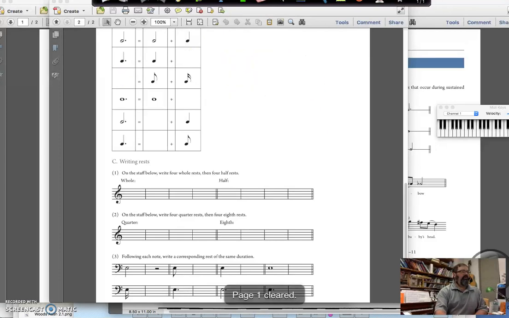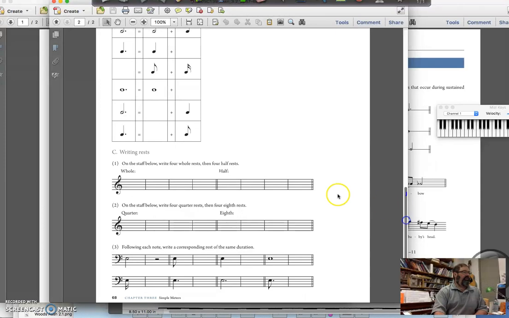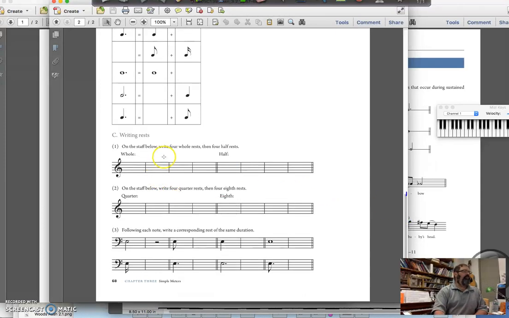Let's clear this and move down to the bottom of the page. We see four whole notes, and then a whole rest and a half rest. It's a bit of a weird thing that the rests don't look more like the notes. How do they look?